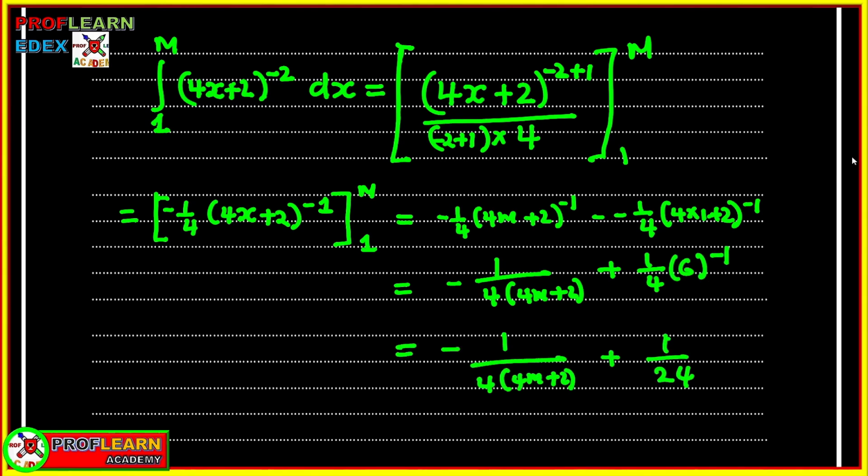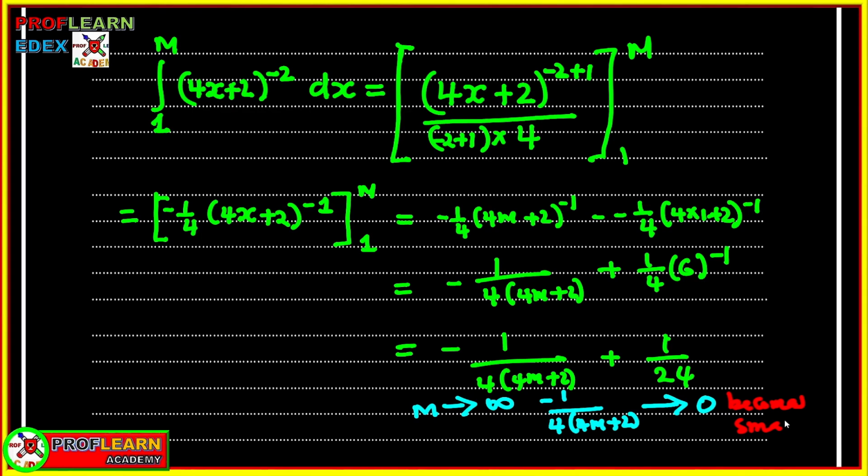So as m approaches infinity, it means the number that we are having here becomes smaller and smaller. It approaches 0. If you are increasing the denominator, the fraction becomes smaller and smaller.